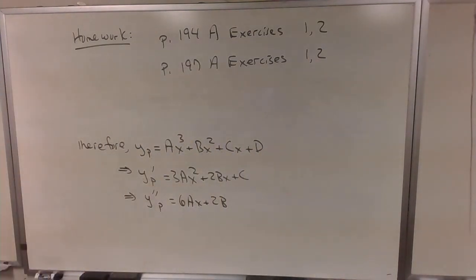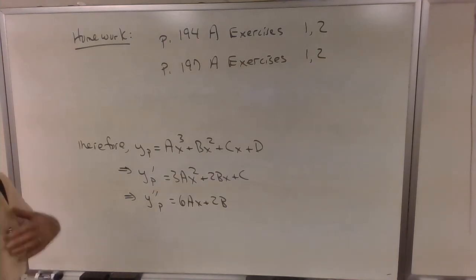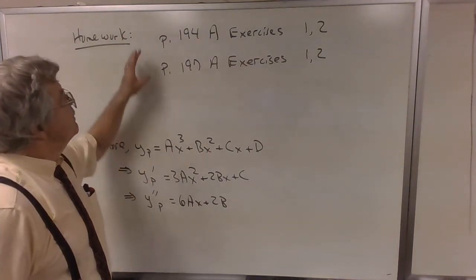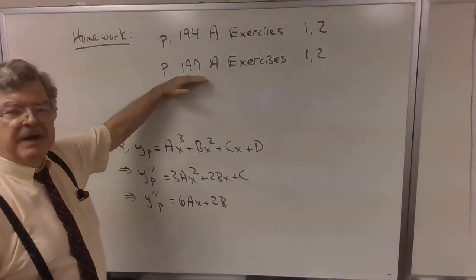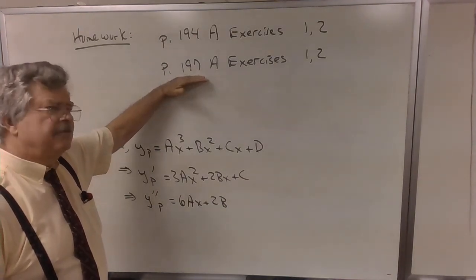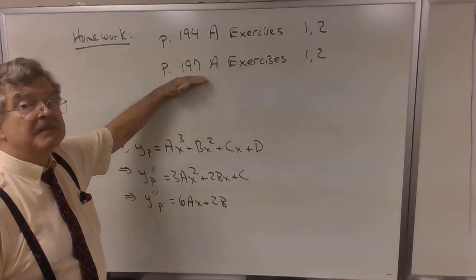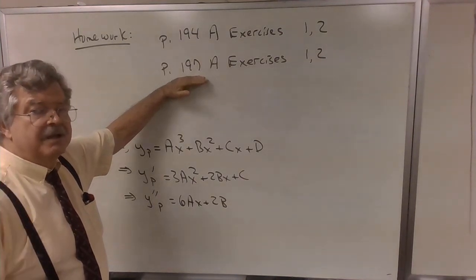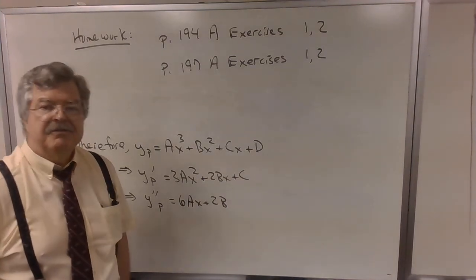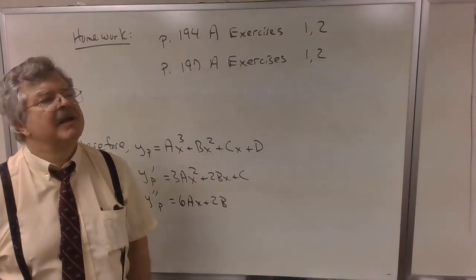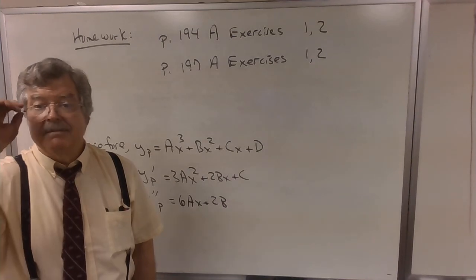Okay, there we go. Method of undetermined coefficients. And page 197, they let some of the monsters out of the closet, but we know how to deal with them now. So work hard on these. Enjoy working hard.